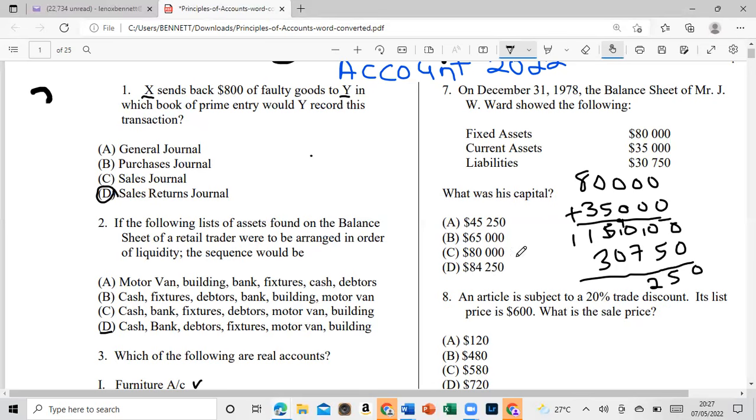All right, so it's going to work out to be 84,250. So number 7 is D. So guys, just remember that capital is the asset minus liability. So 7 would be D.